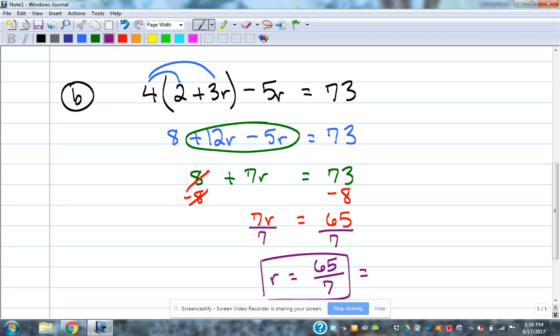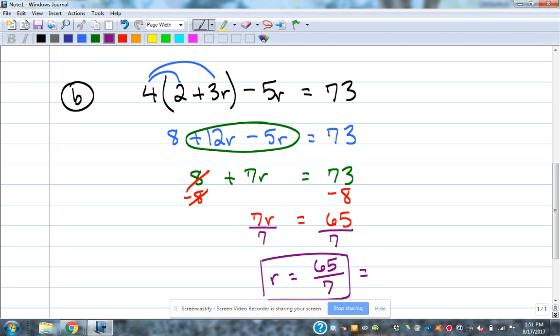Decimals are rounded values at some point, most of them are, and we want the fraction answer because it's the exact value. If it will divide evenly, you go ahead and divide it and get that answer. Like if we had 24 over 1 and divided by 3, that goes evenly, and you just get 8. But here, because 7 doesn't go into 65 evenly, you got to leave it a fraction and reduce it. That's how you know when to get a fraction.